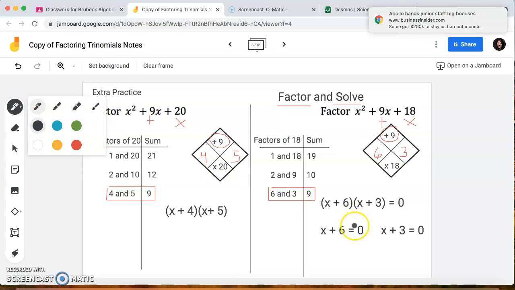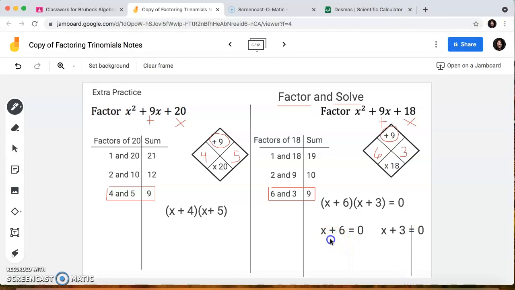So we could draw a line down the middle of each. And then we would just solve it for x. We'd subtract the 6 on both sides. And if you do that, the 6 is crossed out. You bring down your x, and you're left with x equals 0 minus 6, which is negative 6. So that's one of the answers: x equals negative 6. And then you would do the same thing over here.